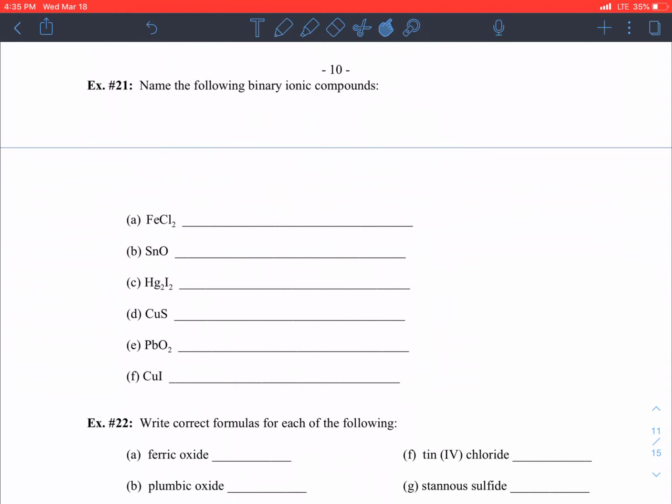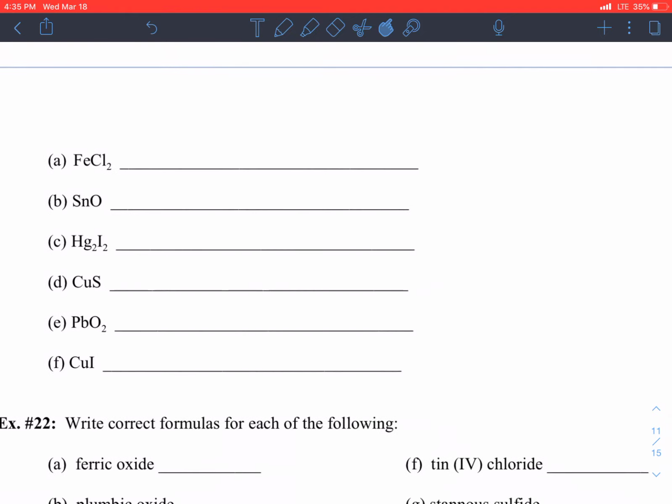So we're going to go a little bit slower in this section, and I'm going to work on separating the charges on these atoms. If I have FeCl2 and I want to name it, I want to think of the two ions that are involved in this formula. It's always best to write the two out and then start with the charge of the second atom, because that is pretty standard.